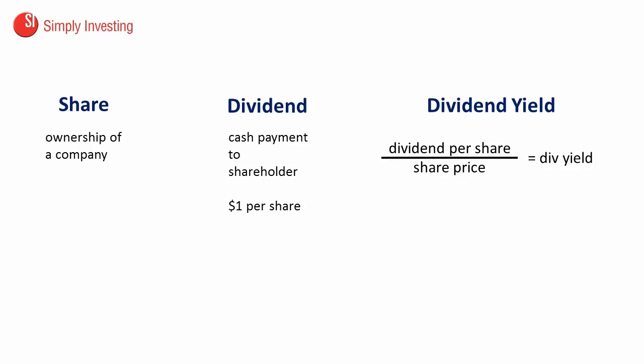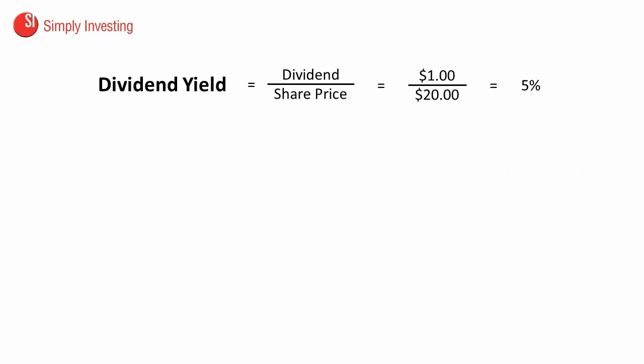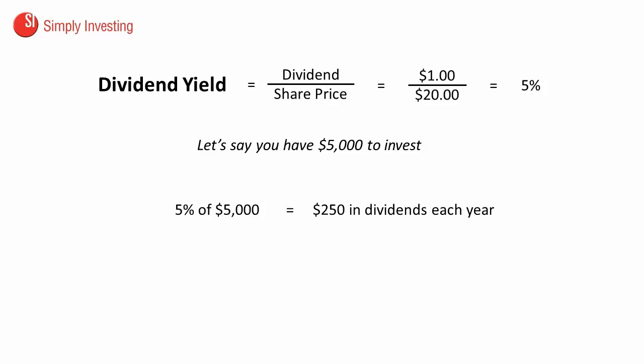The dividend yield is simply the dividend divided by the share price. In this example, we'll take the same dividend of $1 per share, and let's assume the share price today is $20 a share. The dividend yield is going to be 5%. The 5% represents the return on your investment while you're holding on to those shares. Let's say you have $5,000 to invest. 5% of that is $250 in dividends each year for as long as you own the shares and as long as the company continues to pay a dividend.